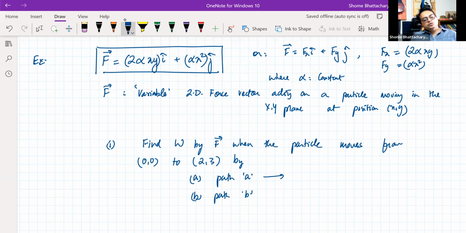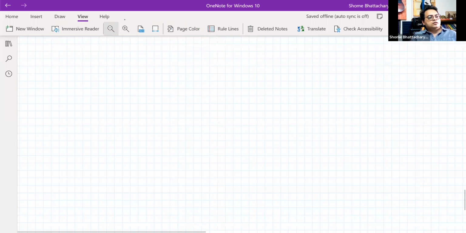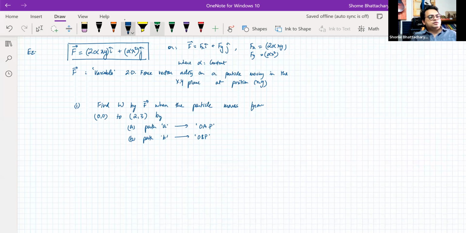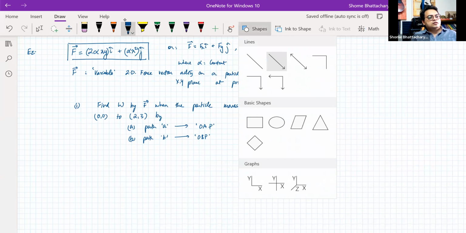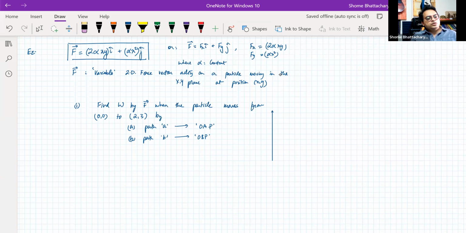I'll show you this path. This one will be OAP, and this one will be OBP. And I'll show you what we mean by this path OAP. Additionally, the question is also giving us the diagram of a 2D XY plane.